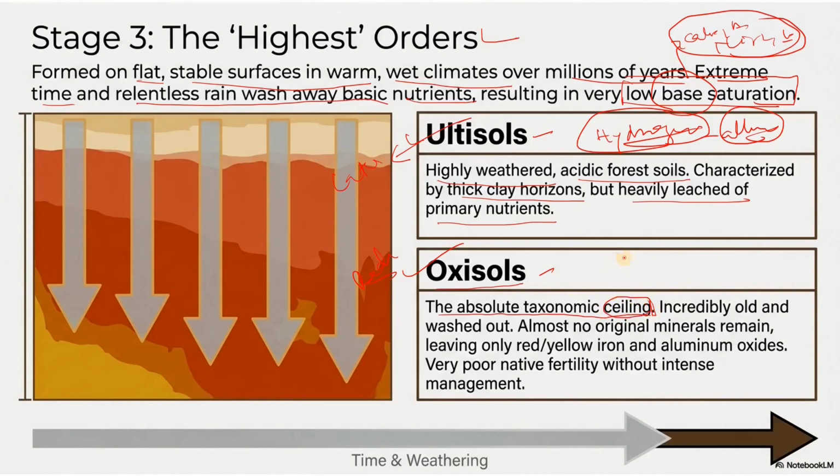Because according to time and weathering, the Oxisols are the most weathered soil, incredibly old and washed out. Almost no original minerals remain, leaving only red, yellow iron and aluminum oxides, and very poor native fertility without intense management. Intense management means application of fertilizer, manure, compost, and a proper amount of water.